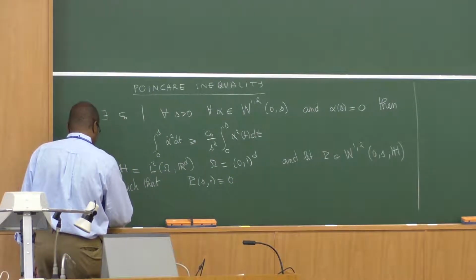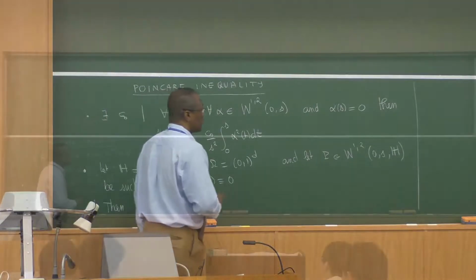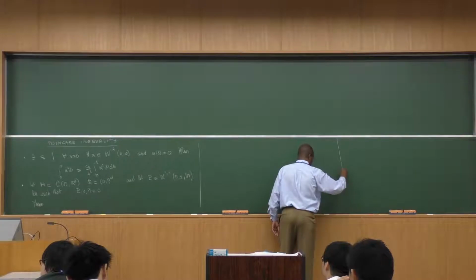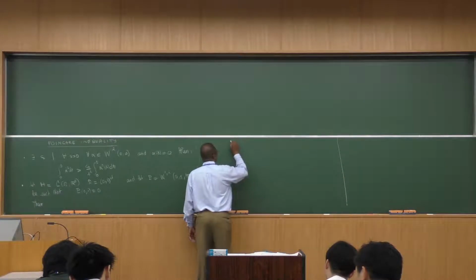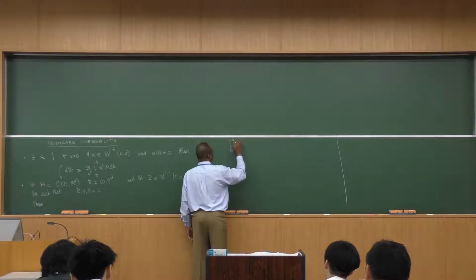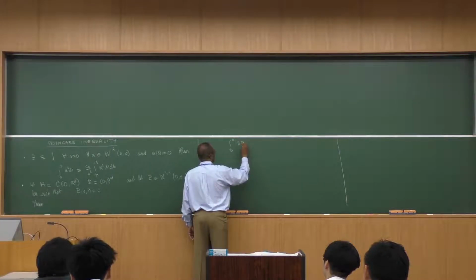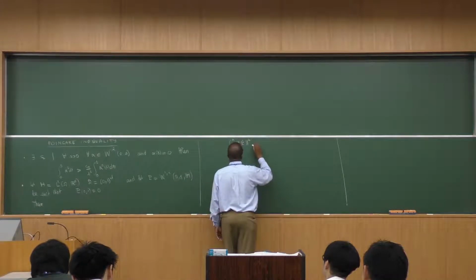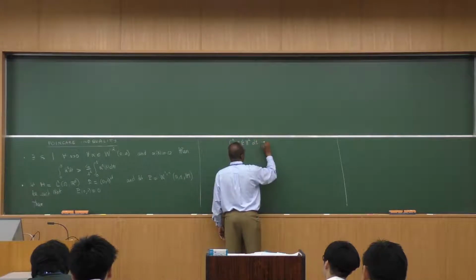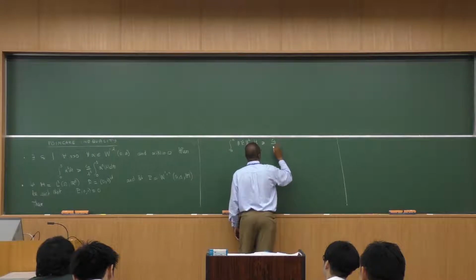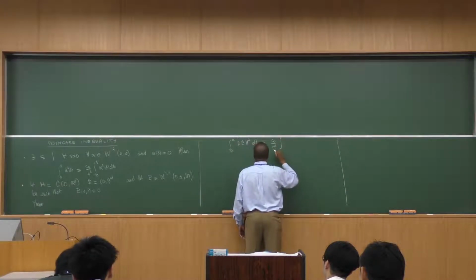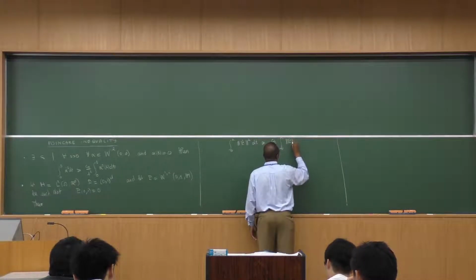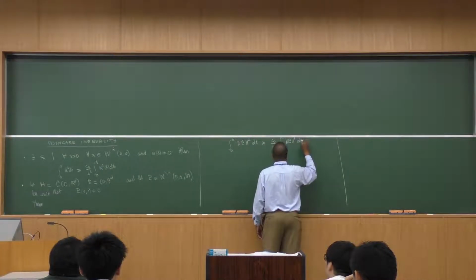Then the integral from 0 to S of the norm of P dot squared dt is greater than C naught divided by S squared, the integral from 0 to S of the norm of P squared dt.